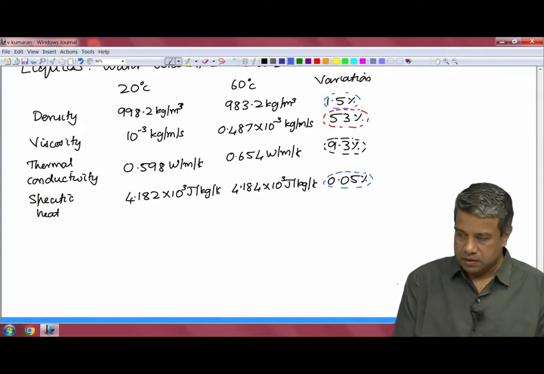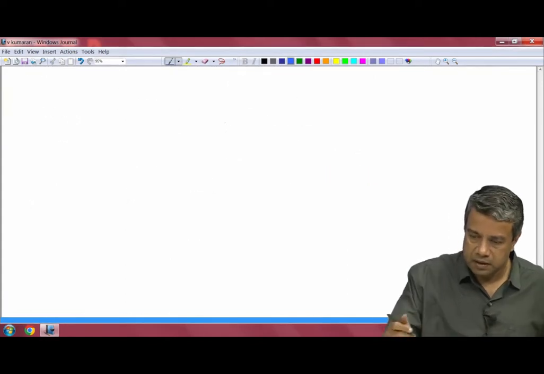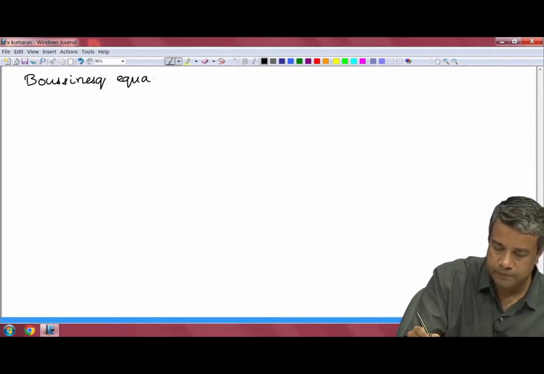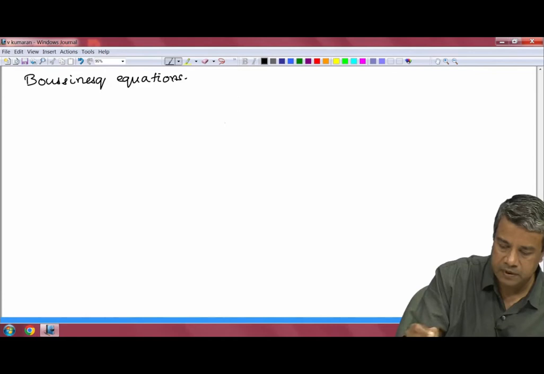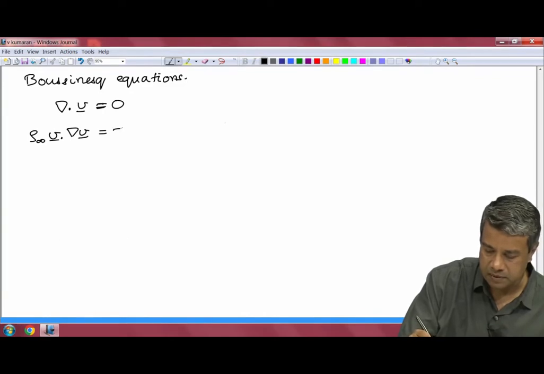Okay. So, let me write down the equations again. These are called the Boussinesq equations. Divergence of the velocity is equal to 0. V dot grad V is equal to rho infinity into that is equal to minus the divergence of the dynamical pressure.